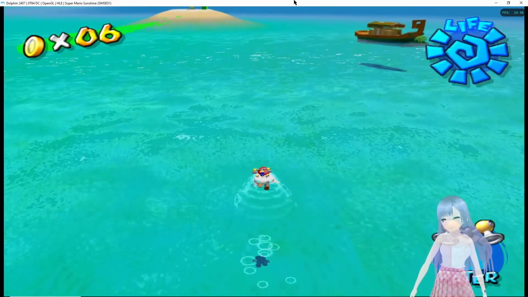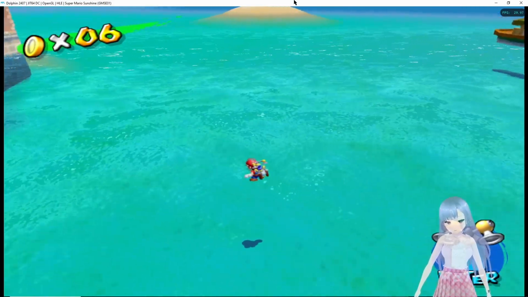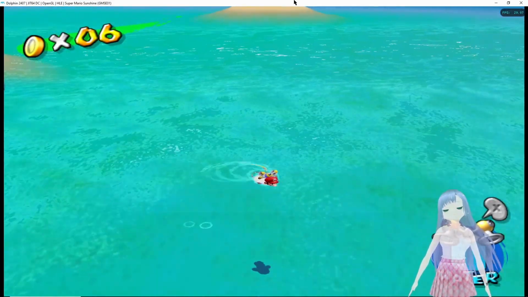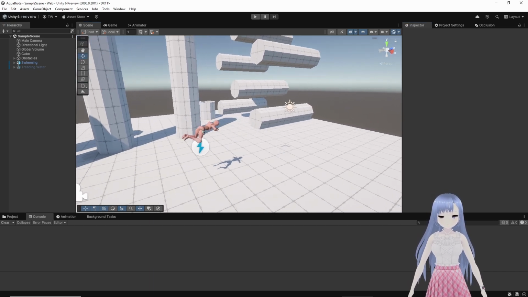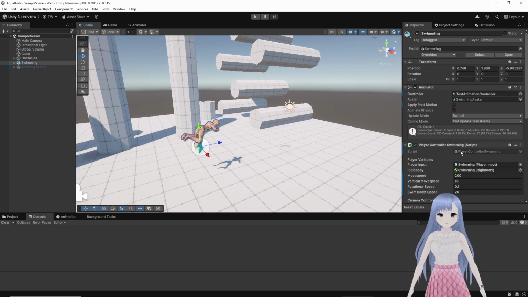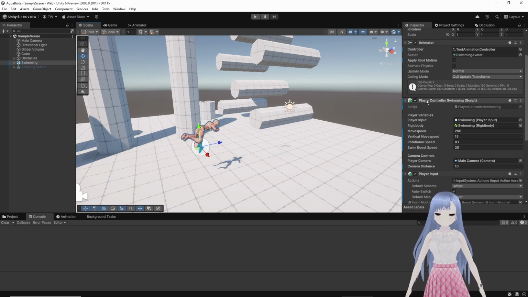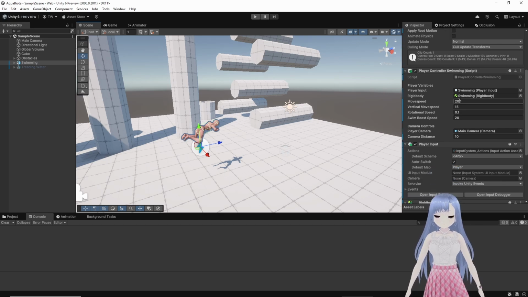So let's head over to Unity, where we're going to try and replicate at least a little bit of this swimming. So we're in Unity now, and I have this project open with my final product of what I've done recently, making this player controller swimming script. You can notice that I have a camera distance float here, as well as the player camera referenced in the script.